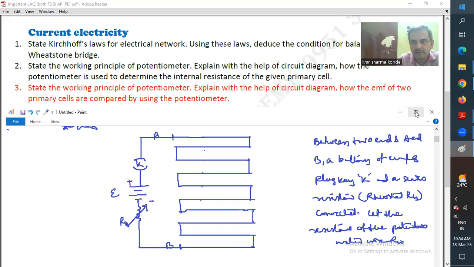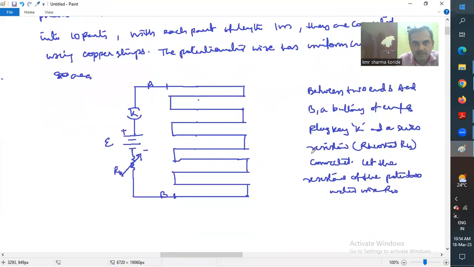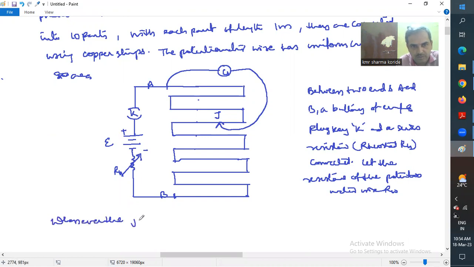Hereafter, let us concentrate on the principle. Here a galvanometer is connected, and after that, the jockey connected to the galvanometer slides on the potentiometer wire. Whenever the jockey is in contact with the potentiometer wire, the circuit is closed.